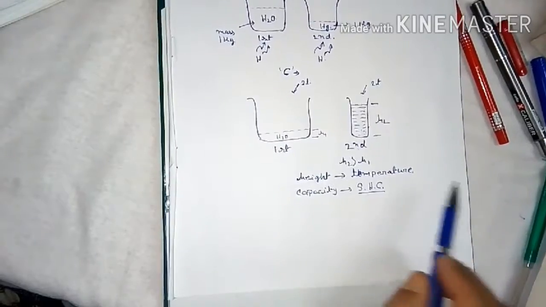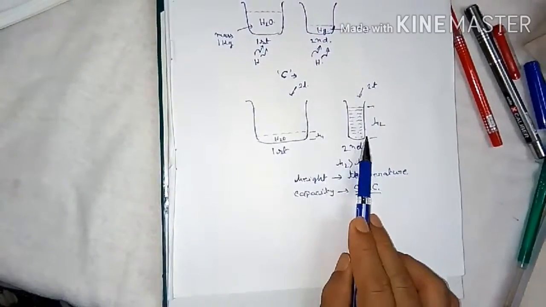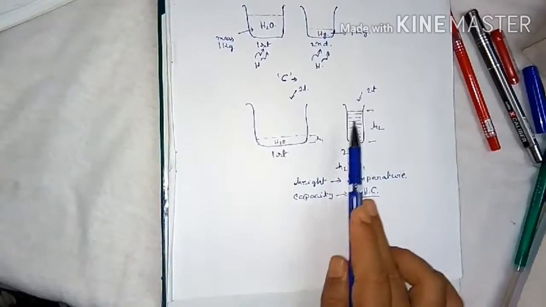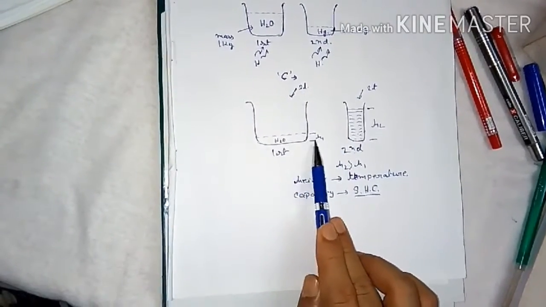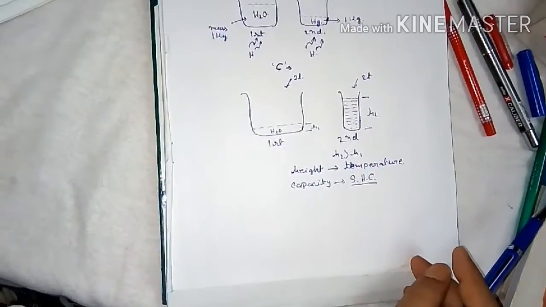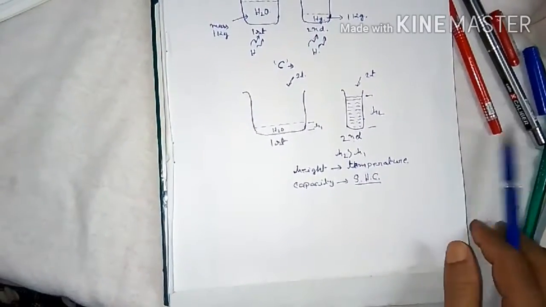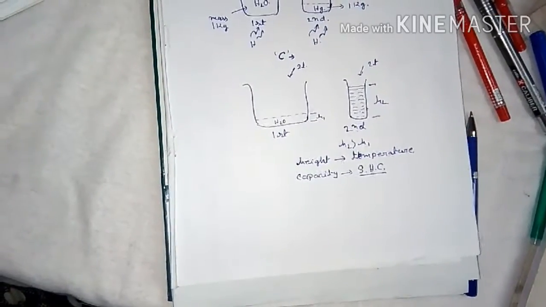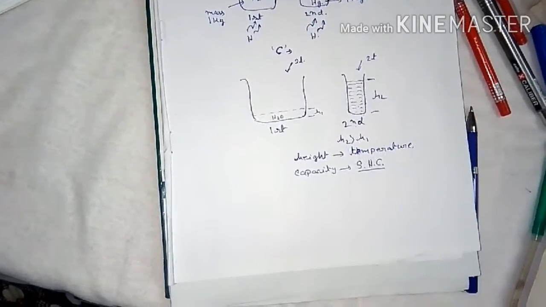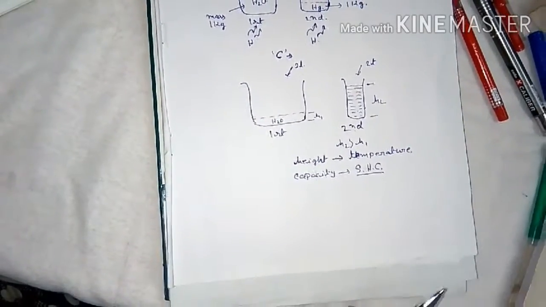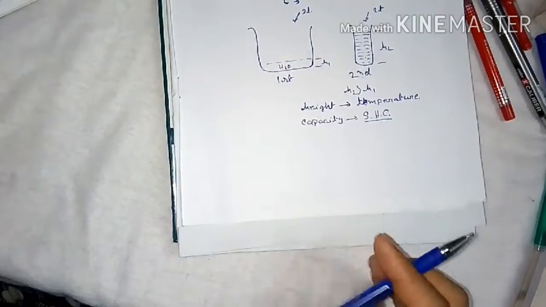So in which the specific heat capacity is less, the temperature rise will be more. When the capacity is high, the temperature rise is low. The given examples are only for growing intuition about specific heat capacity. Now come to the original point, specific heat capacity.